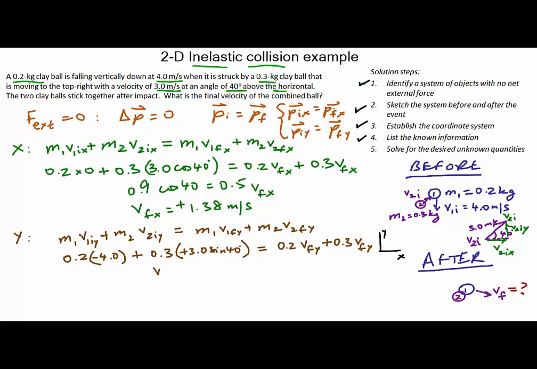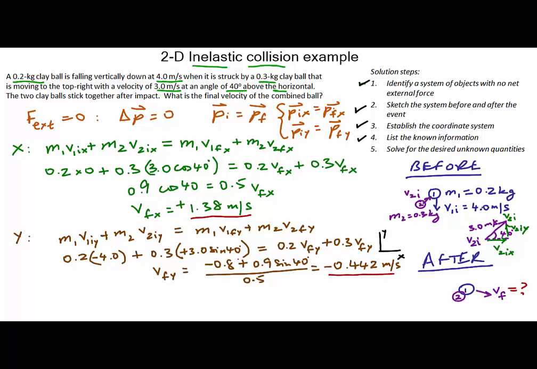And when I simplify this, I will get vfy equals minus 0.8 plus 0.9 times sine 40 degrees, divided by 0.5, which gives me minus 0.442 meters per second. So that tells me that this combined object is actually going to be moving downward in the vertical sense. So now I have my Vfx and I have my Vfy.